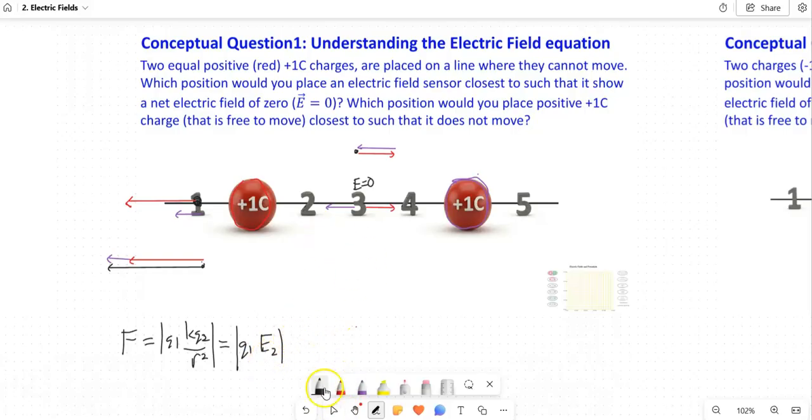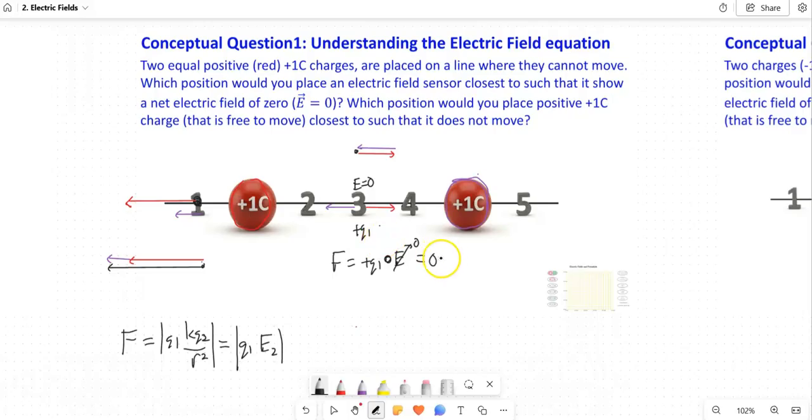Well, if you placed a Q1 right at that center part, the force acting on that positive Q1 times that electric field that is 0, well, that's just going to be 0.